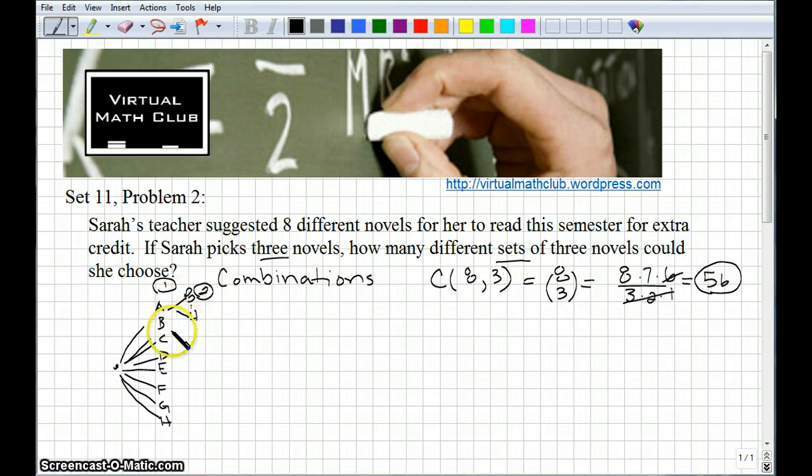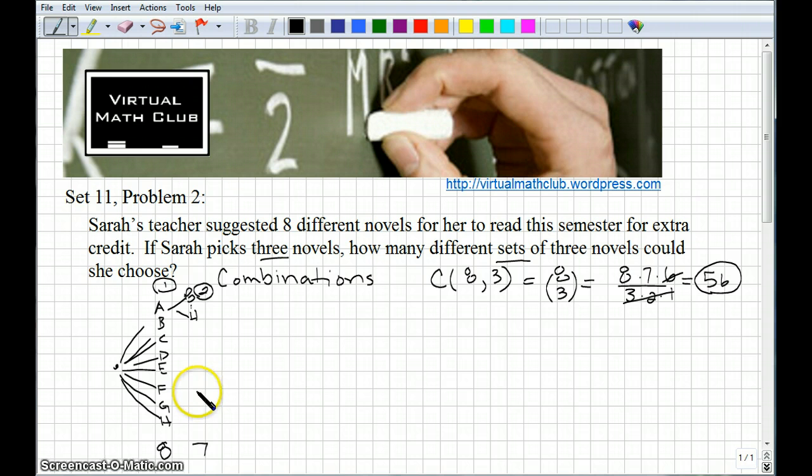And if she picked B, then she's going to have A and then C, D, all the way up to H. So she has 8 choices for the first, 7 for the next. She's going to have 7 choices for each of these 8 choices. So if she picked F, she'll have all of the novels except F to choose for her second novel.